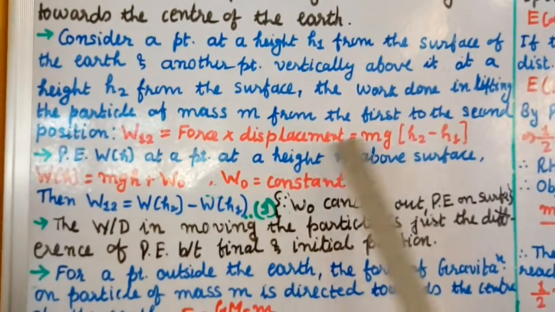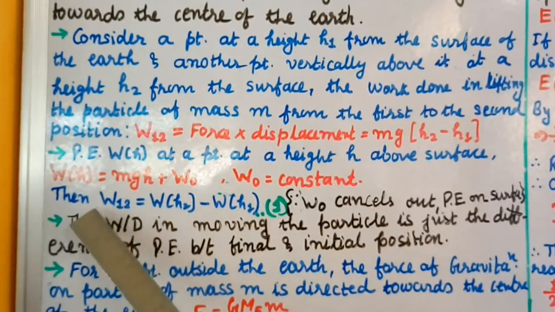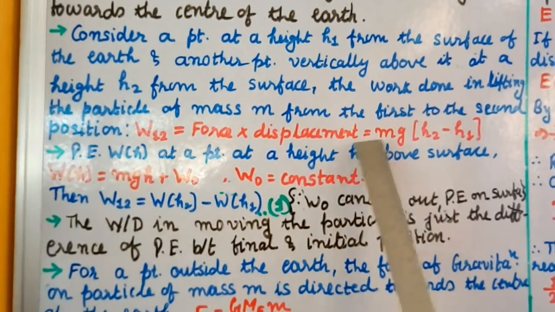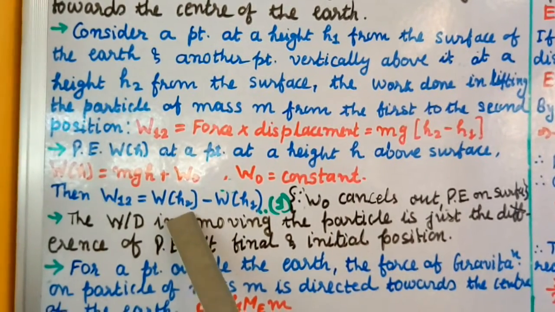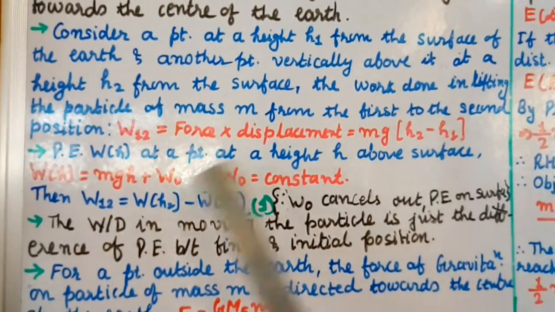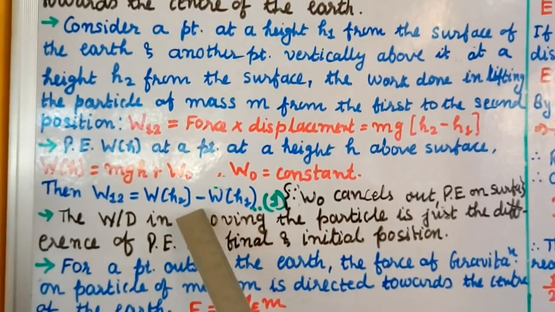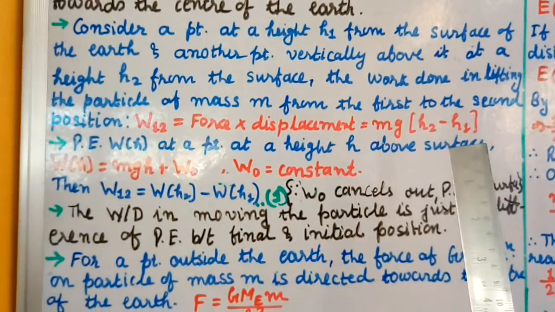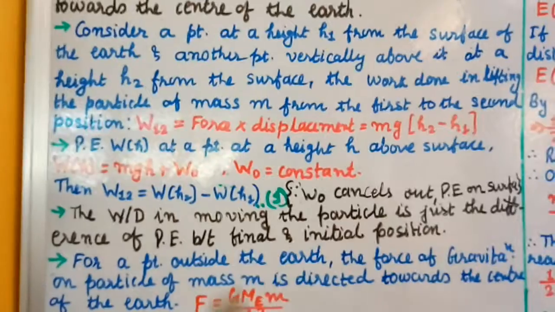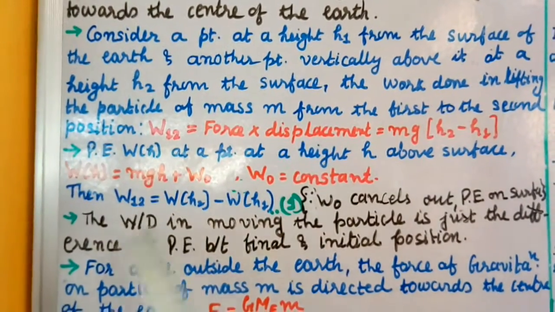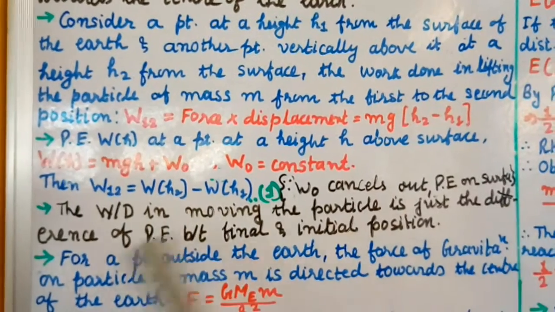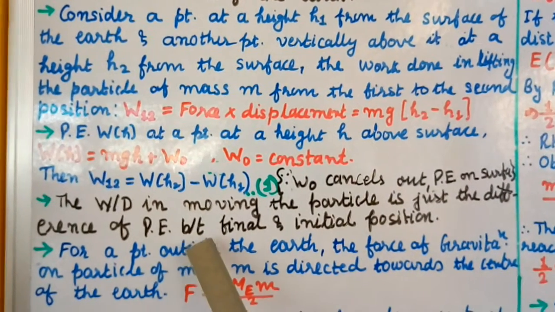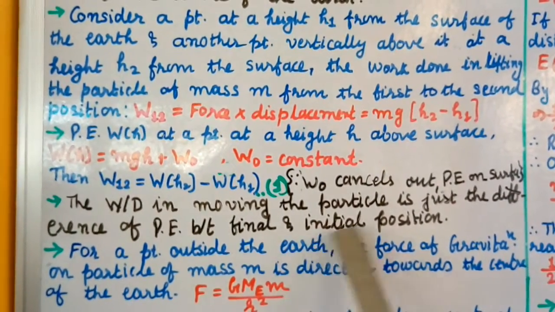So by combining these two equations, we can say that W12 equal to mg h2 minus mg h1. If you use this formula, you can write mg h2 as WH2, and mg h1 as WH1. Okay, so W12 equals WH2 minus WH1, and W naught will cancel out. Call this equation number 1. So this equation says that the work done in moving the particle is just the difference of potential energy between final and initial position.